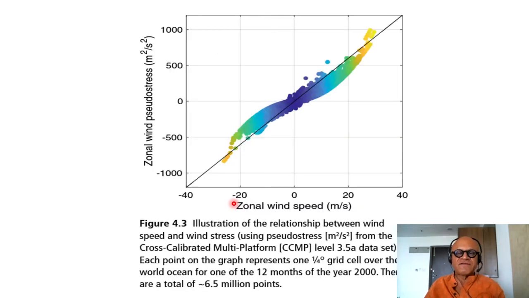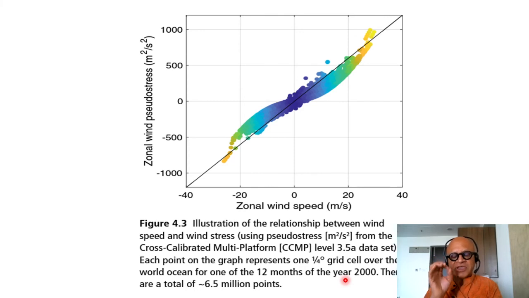So here is an illustration of the relationship between wind speed and wind stress using pseudo stress in meters squared per second squared from the cross-calibrated multi-platform level data, which is a detail. Each point on the graph represents a 1/4 degree grid cell over the world ocean for one of the 12 months of the year 2000.